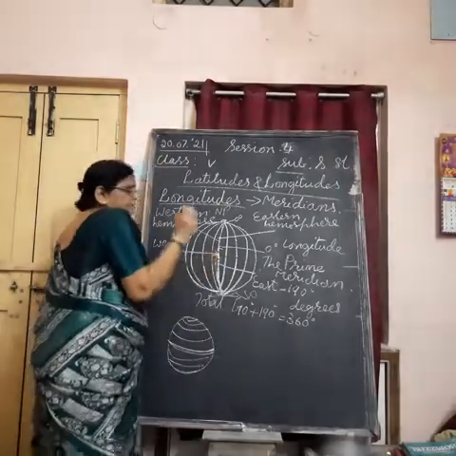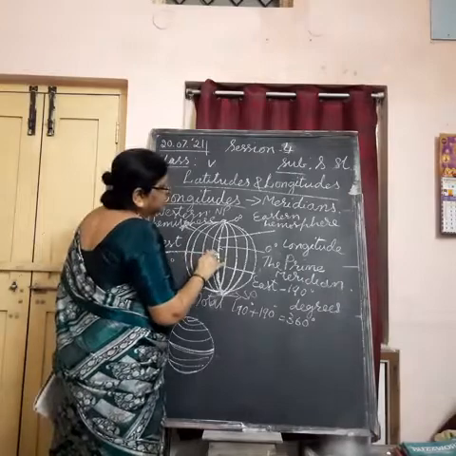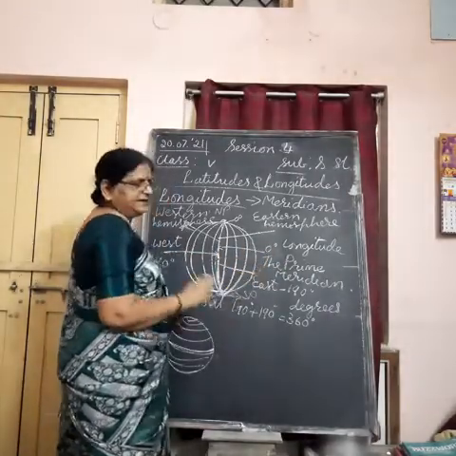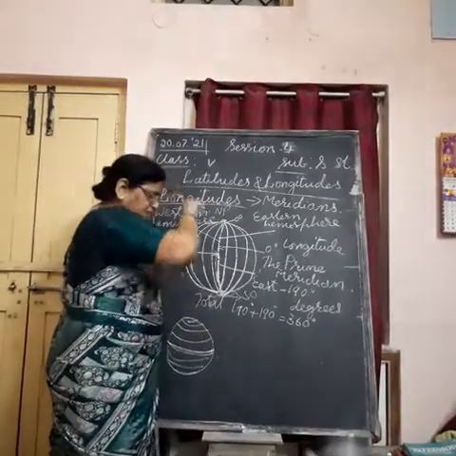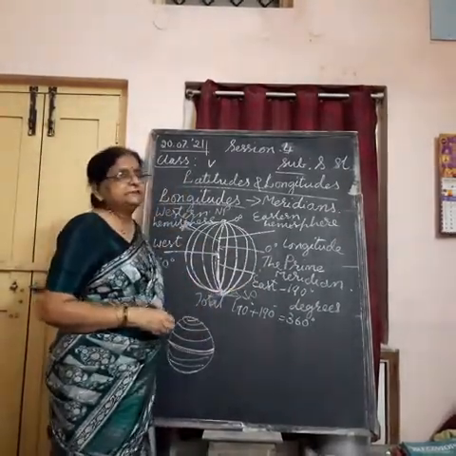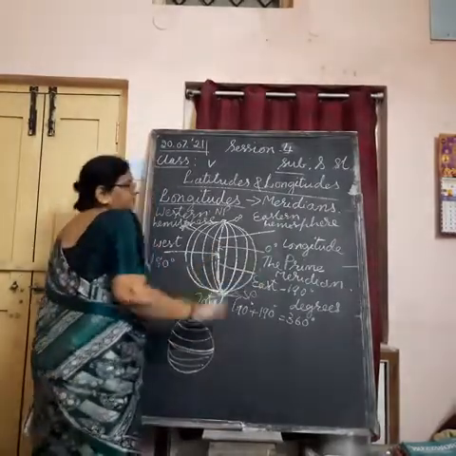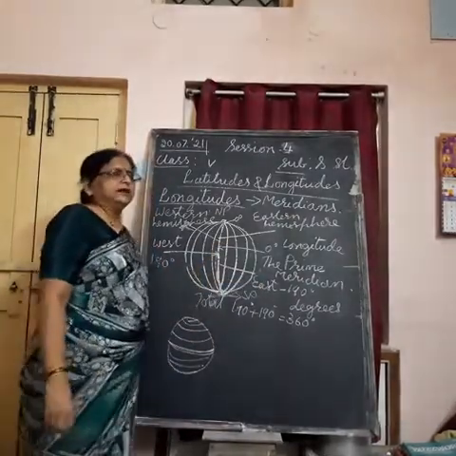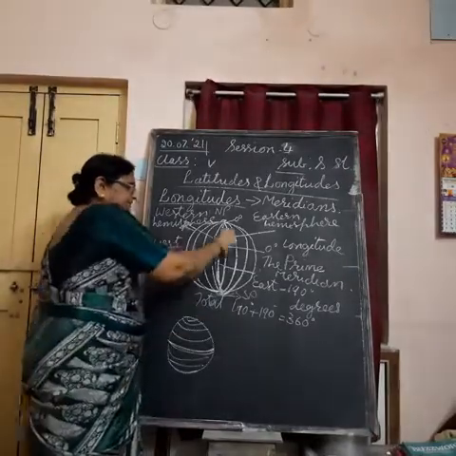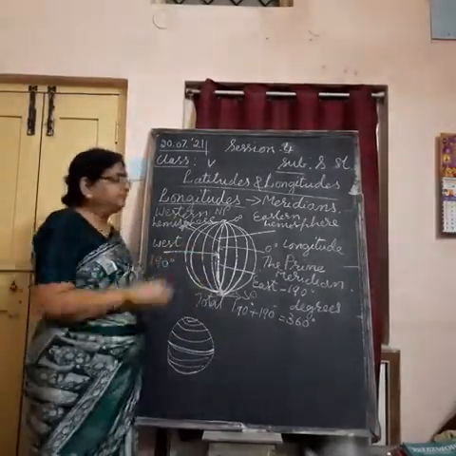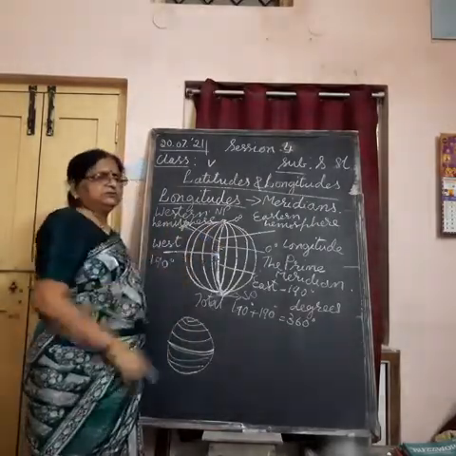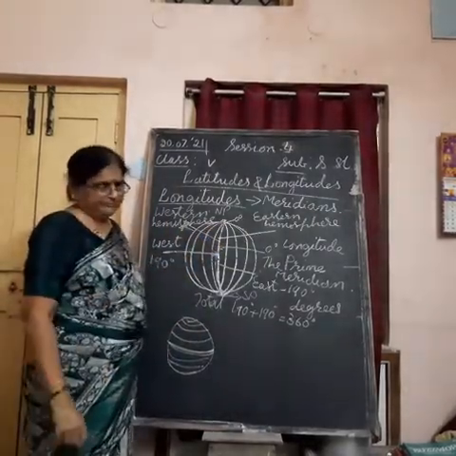From the 0 degree longitude to the edge of the west also 180 degrees of longitudes are there. Both together, totally there are 360 degrees of longitudes. The other name for longitudes is meridian. They are semicircular in shape. They are vertical also. Understand? Vertical lines are always drawn from north to south.